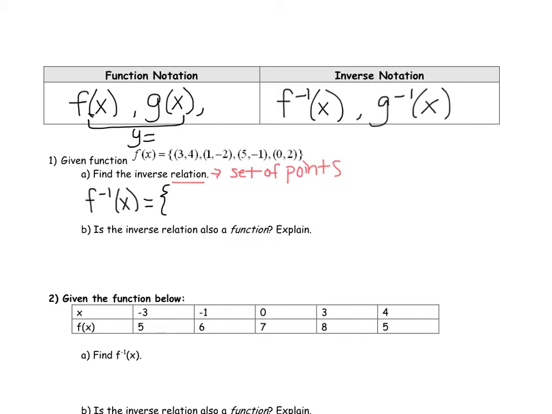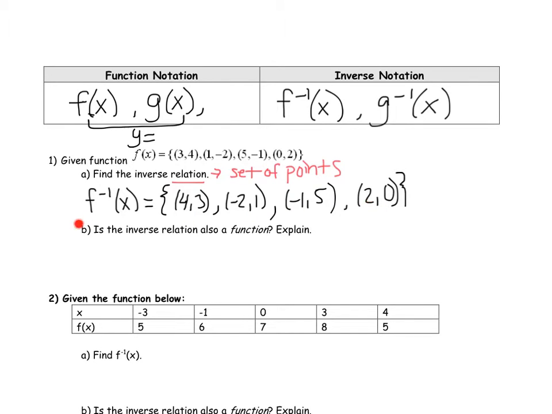So we're going to switch the x and the y values just as we did before. So 3, 4 becomes 4, 3. 1, -2 becomes -2, 1. 5, -1 becomes -1, 5. 0, 2 becomes 2, 0. And what I just did here is an inverse relation, another set of points.